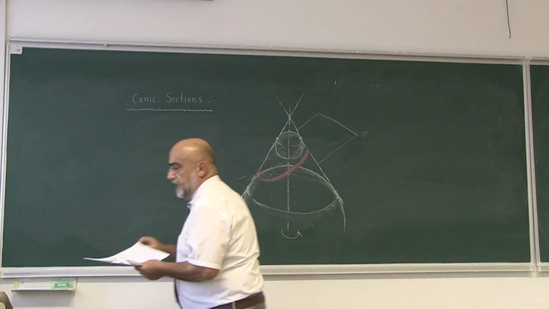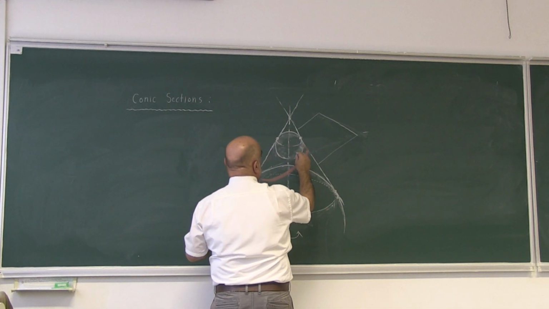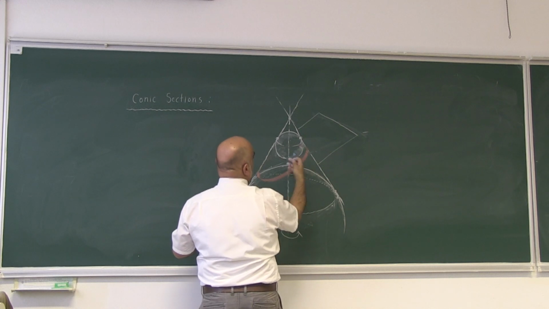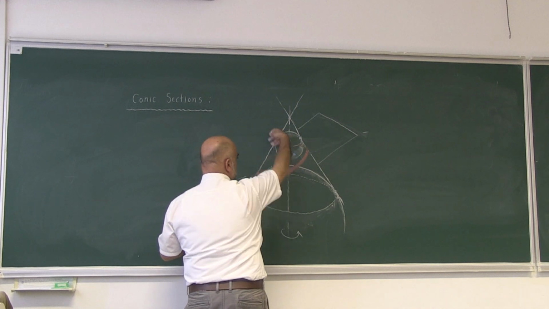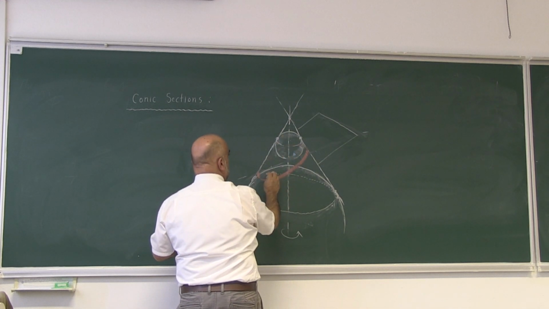So if you like, of course this plane will touch the small circle in a point which is on the other side of the sphere, and it will touch this sphere.